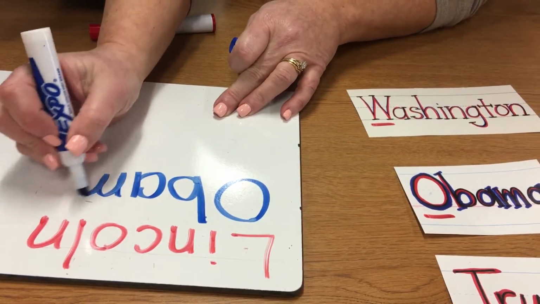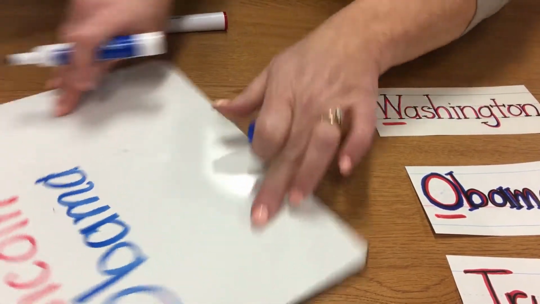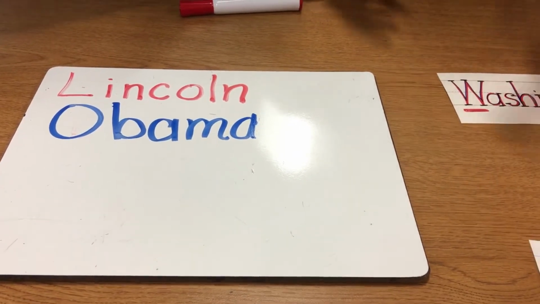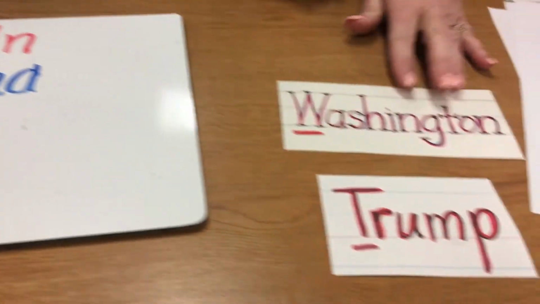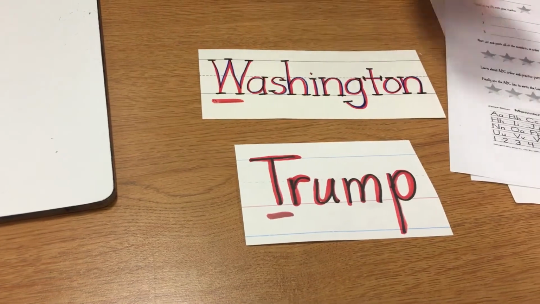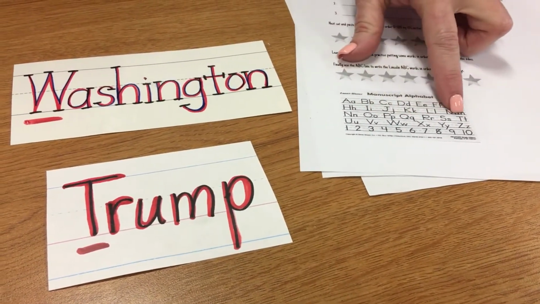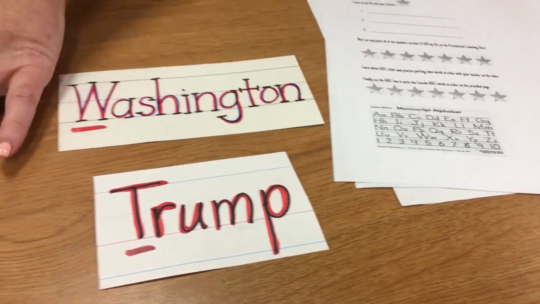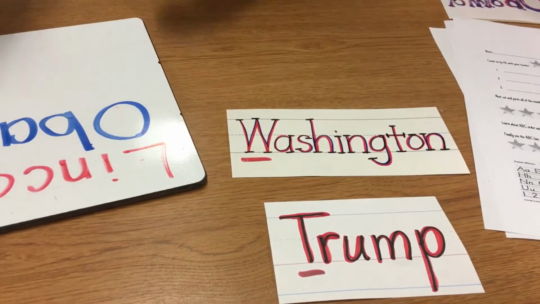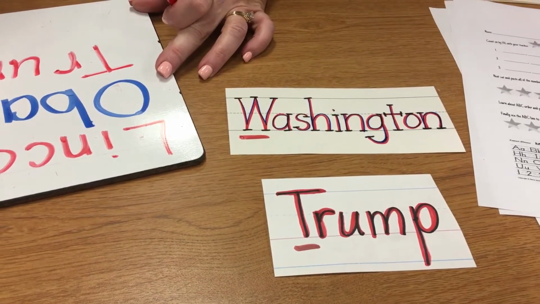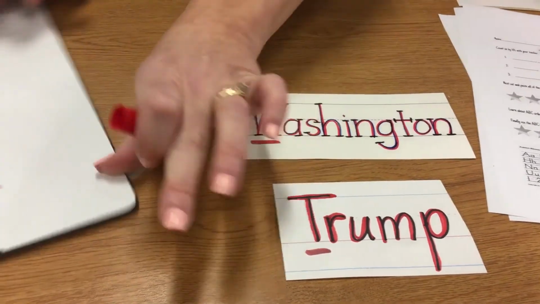So I've got Lincoln, and then I've got Obama, L-M-N-O. So I only have two letters that I have to look at now. I have to look at W and T, and when I go through my alphabet after O, I see that T comes next. So I would write Trump. So Trump is next.